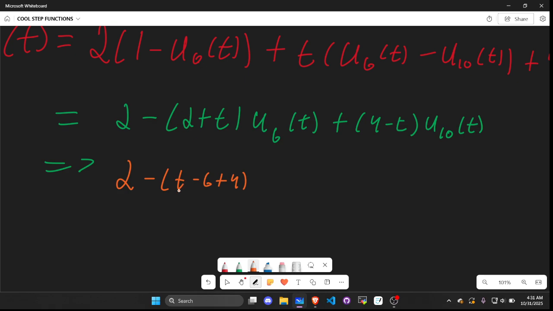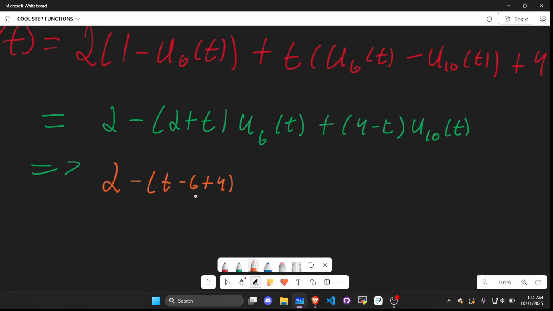Well, oops. Interesting. Should be the other way around, because this will evaluate to negative 2. Negative 2.